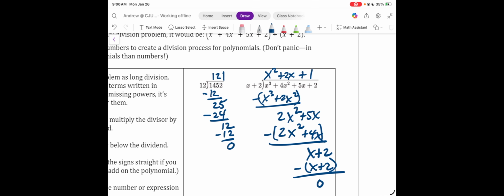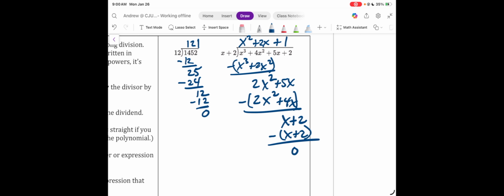So there's a multiplication fact inside of every division. In this problem that we have to the left, that means 12 times 121 equals 1,452.